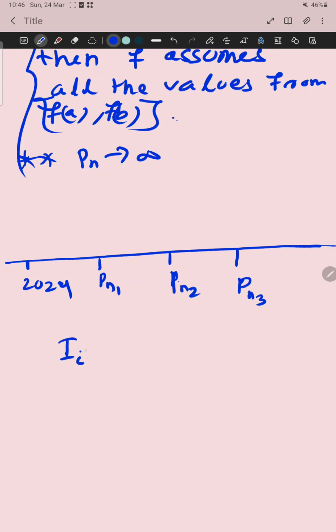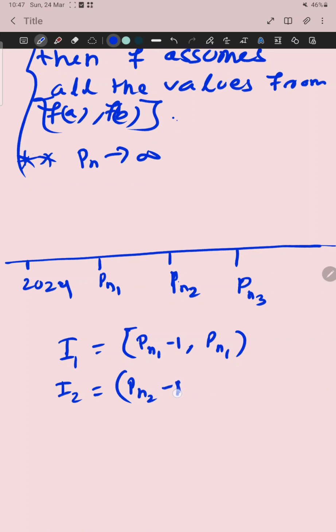I is equal to I1. Now construct I1. I1 interval is what? I1 is the closed interval Pn1 minus 1 comma Pn1. And I2 is what? I2 is Pn2 minus 1 comma Pn2.